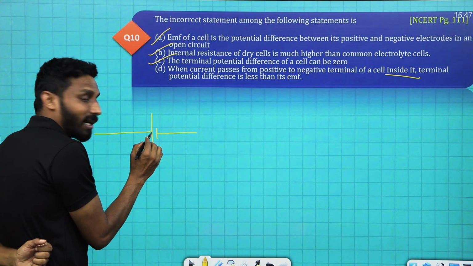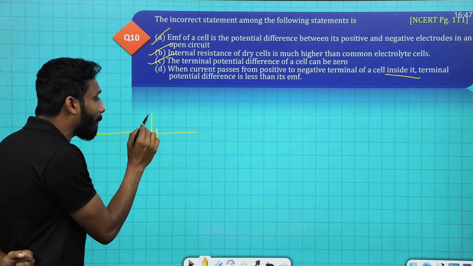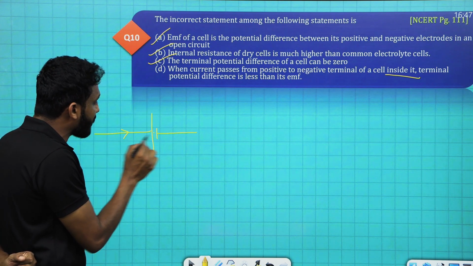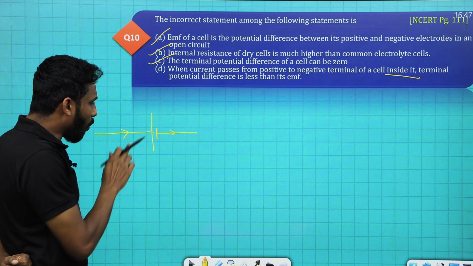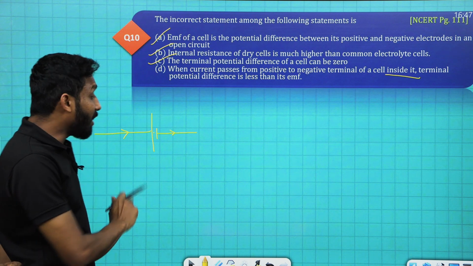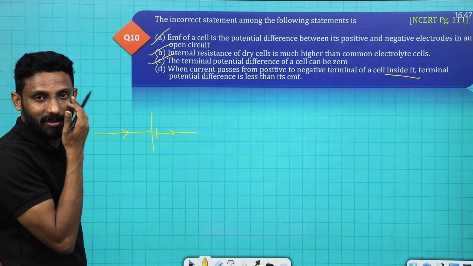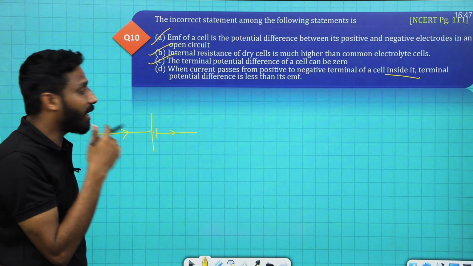Inside the cell, this is that region. So the flow of current is in this way. Now what is happening to the cell? Now the cell is getting charged. It is not being discharged. It is being charged.